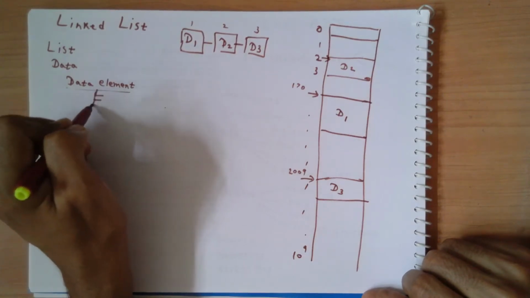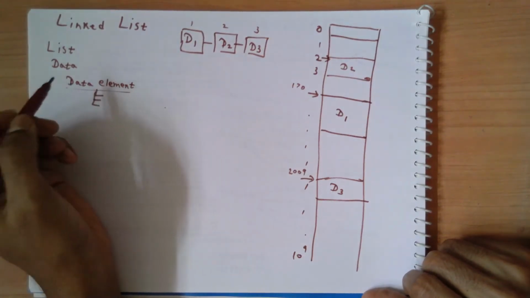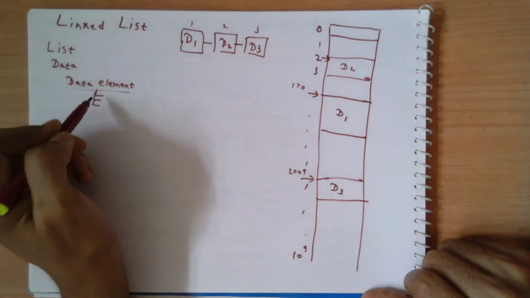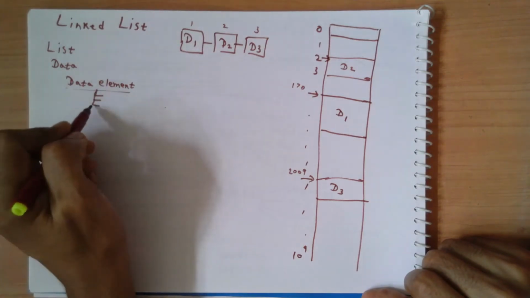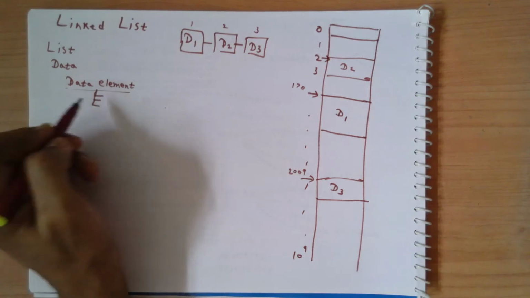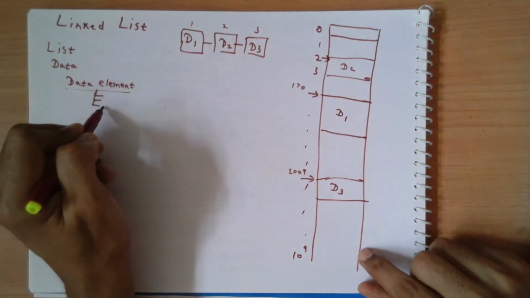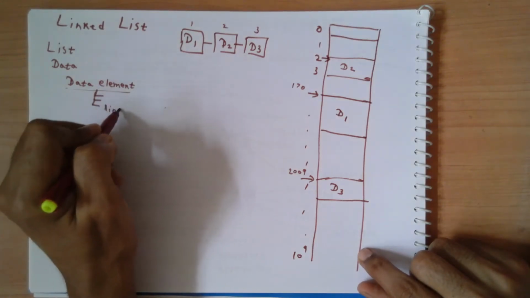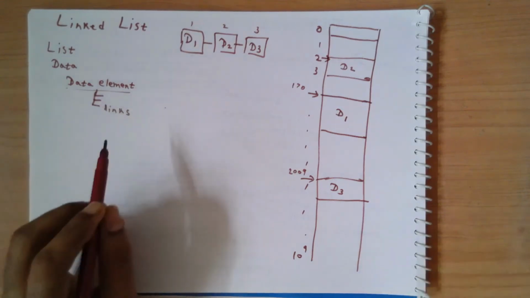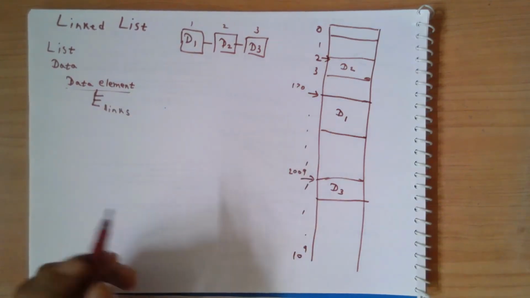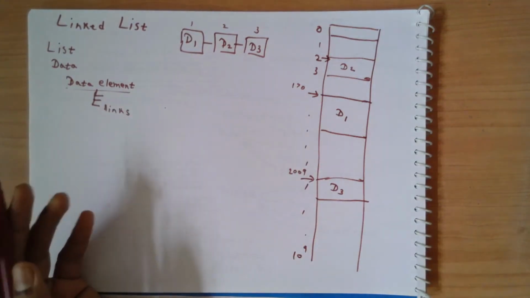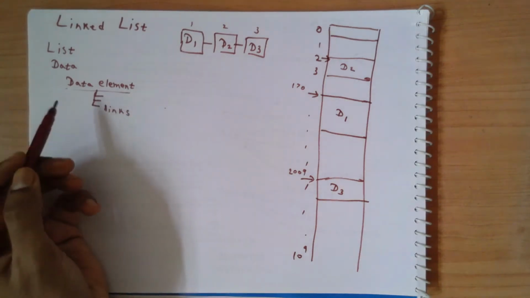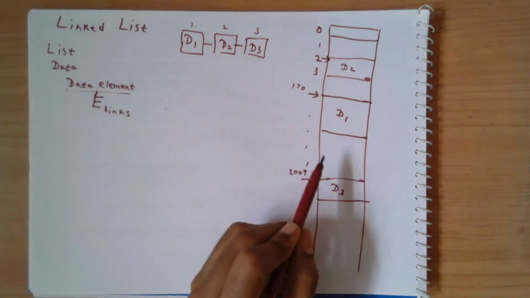Okay, so a data element could be a complex thing. Sometimes it could be as simple as an integer, or sometimes it could be a complex object with multiple attributes. And the links that we are talking about would also be part of the data element. So links would be stored inside it. Okay, so that's how my list is represented in a digital computer.